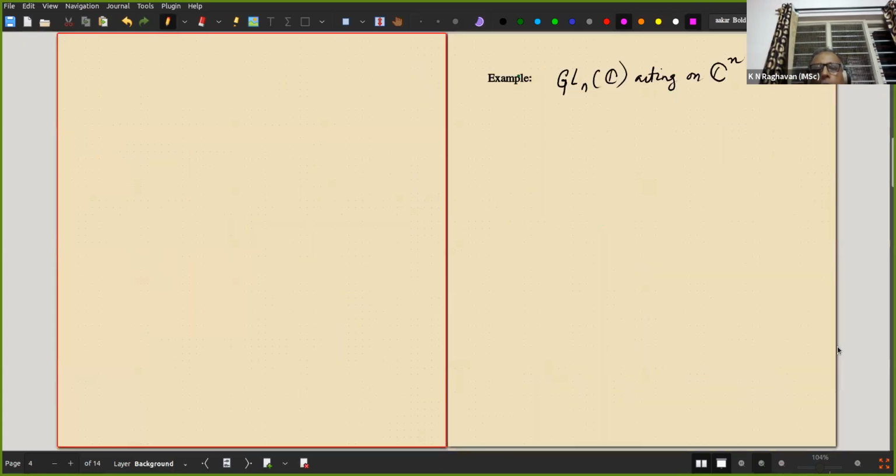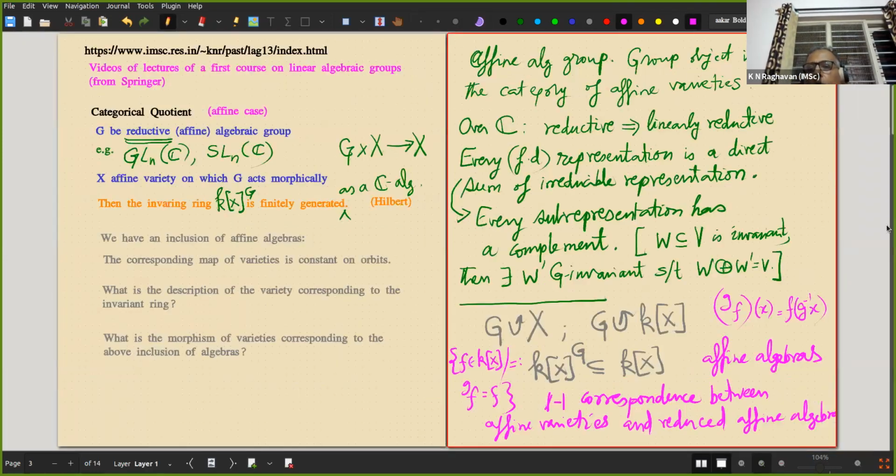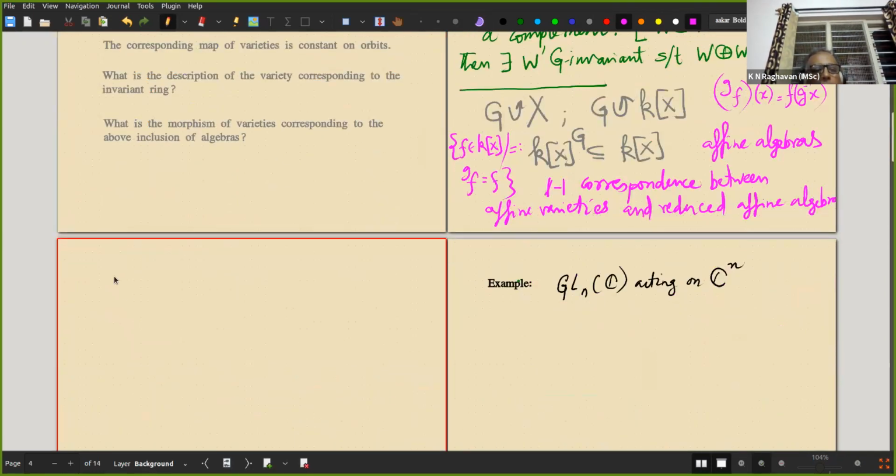And what is that correspondence? Well, given a variety, I can take its ring of functions. So this is reduced.